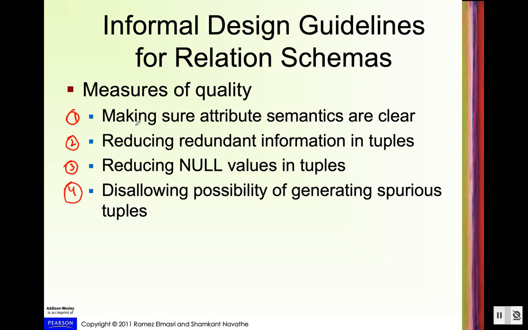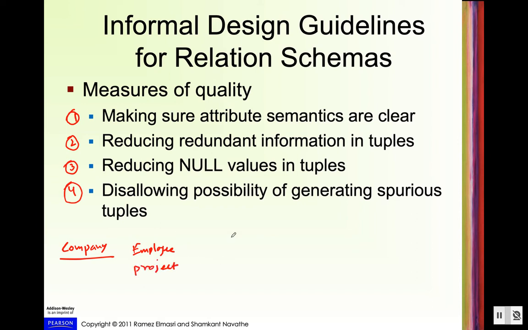The idea is that when we make a relational schema, the semantics of each relation should be clear. For example, in our company database we have an employee table and a project table.